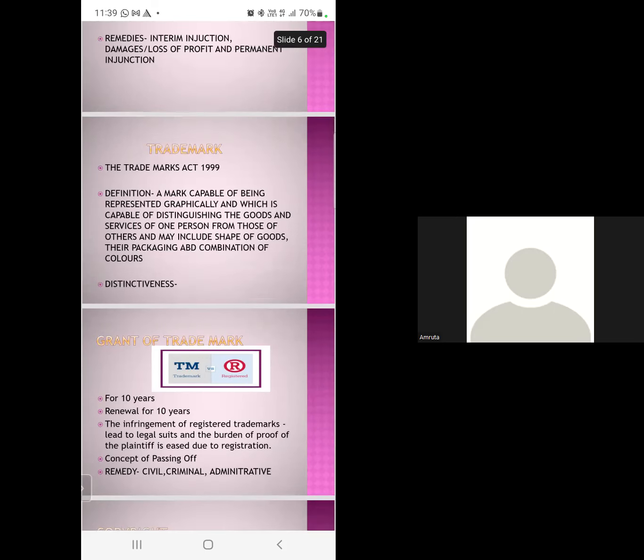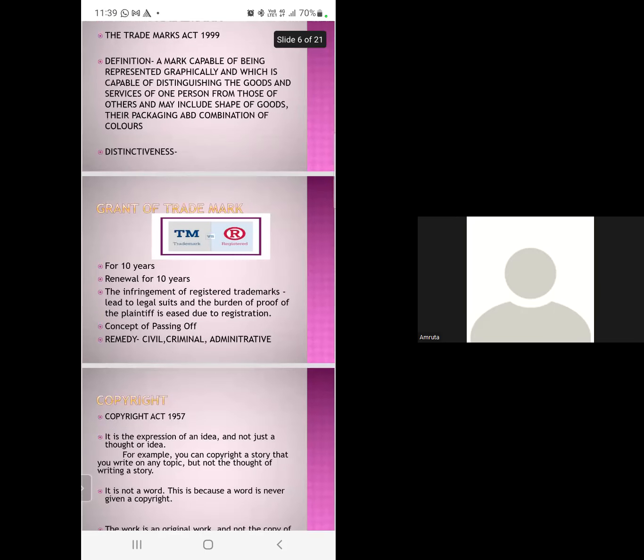See the next slide, the grant of trademark. When you apply for any trademark or patent, there is a process: you apply for it and you get it after about 6 months or 1 year. During that period, you must have seen on the mark it is written as TM or R. You are allowed to write TM when you have applied for the trademark.